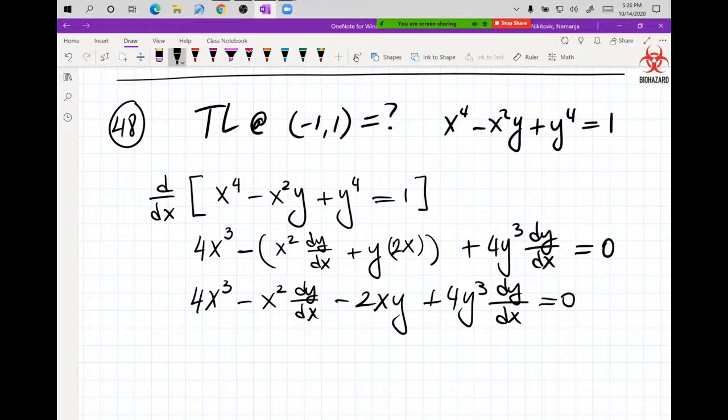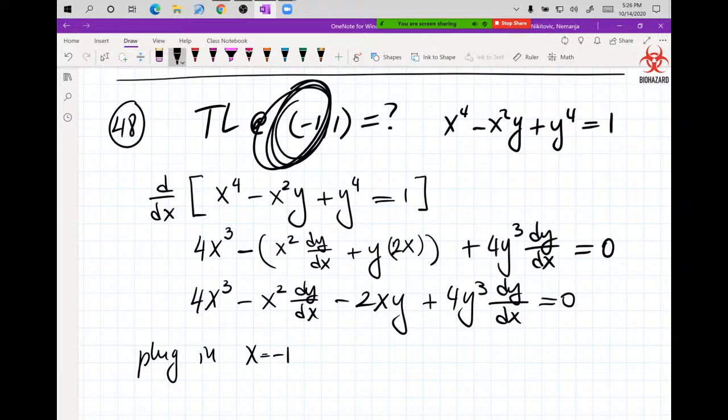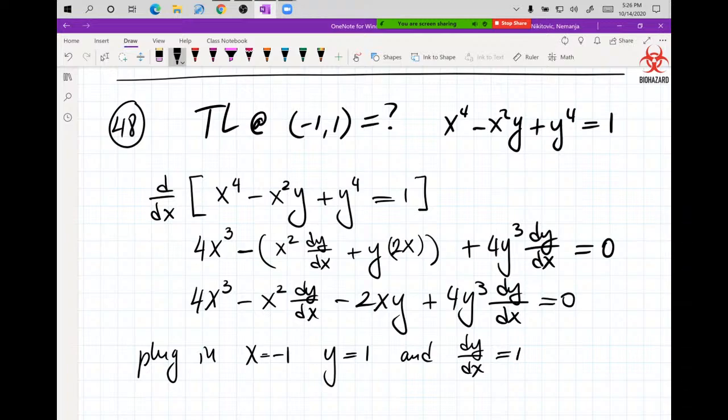You can do that. But when you are looking for the tangent line, you really don't have to solve it all the way to dy/dx equals everything else, because you can plug everything in now. Plug in x equals -1, y equals 1, and dy/dx equals the slope m.